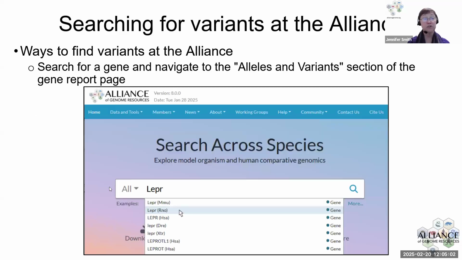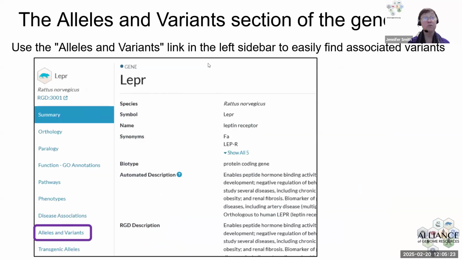So if you want to search for a gene, you can put it into this search box on the Alliance front page. So I want to look for the leptin receptor gene, and because I work for the Rat Genome Database, I'm interested in the rat LEPR gene. So if I click this in the drop-down list, it actually takes me directly to the top of the LEPR gene page.